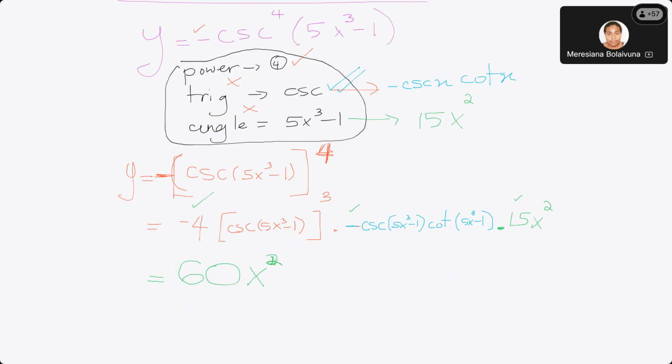Then followed by cosecant to the power of 3 and cosecant. When you multiply these two, you get cosecant 4, 5x cubed minus 1. And then the last one is cot of 5x cubed minus 1.